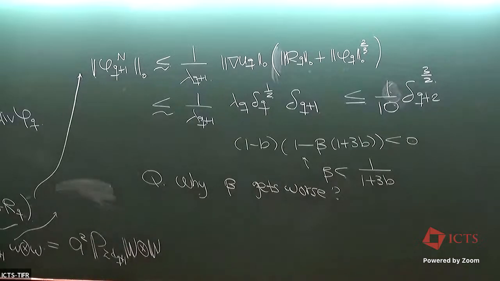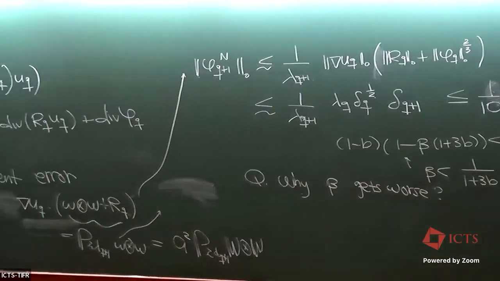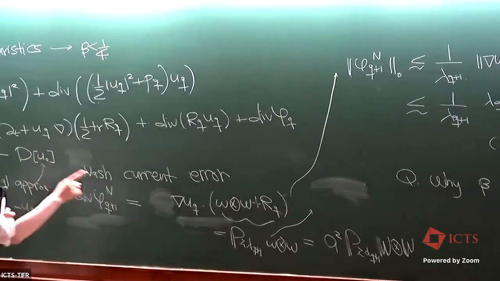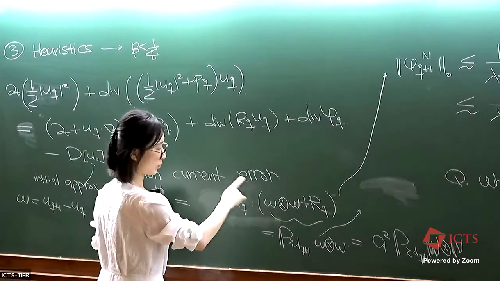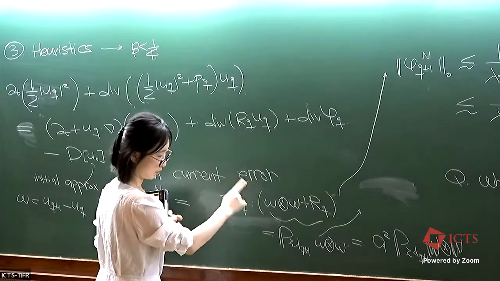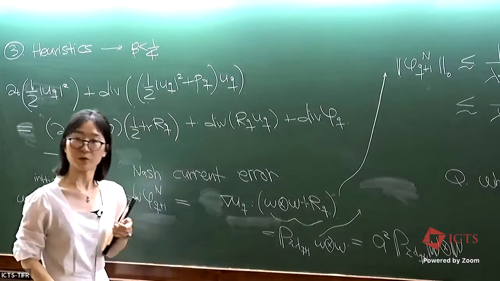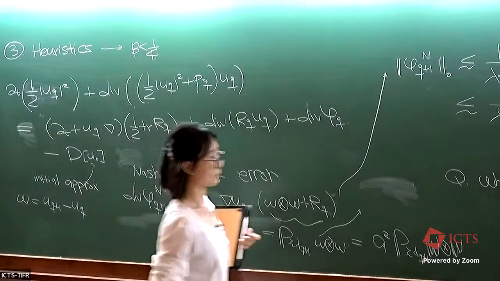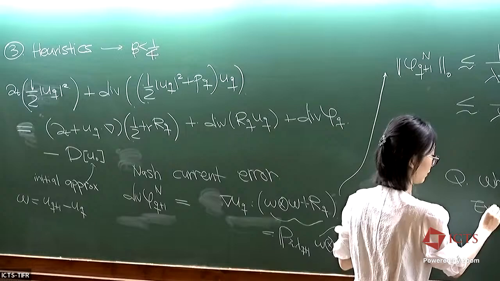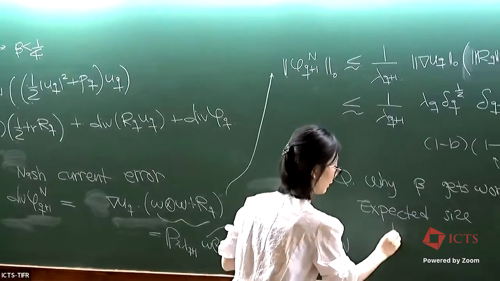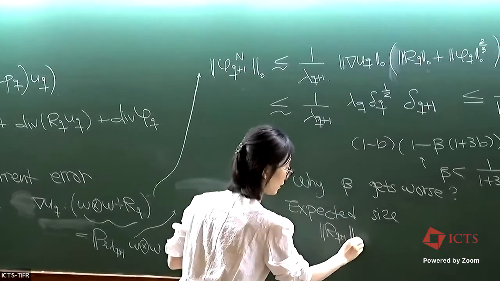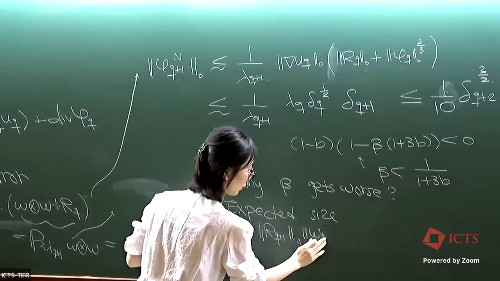right? And if you compare this with the Euler-Reynolds system, in terms of size, this one has extra UQ, right, compared to the Euler-Reynolds system. So in the error, you expect this type of form, some error which looks like a Reynolds stress error, and there's extra W, right? So the expected size of the error is the following, like RQ plus 1 and WQ plus, or WC0.